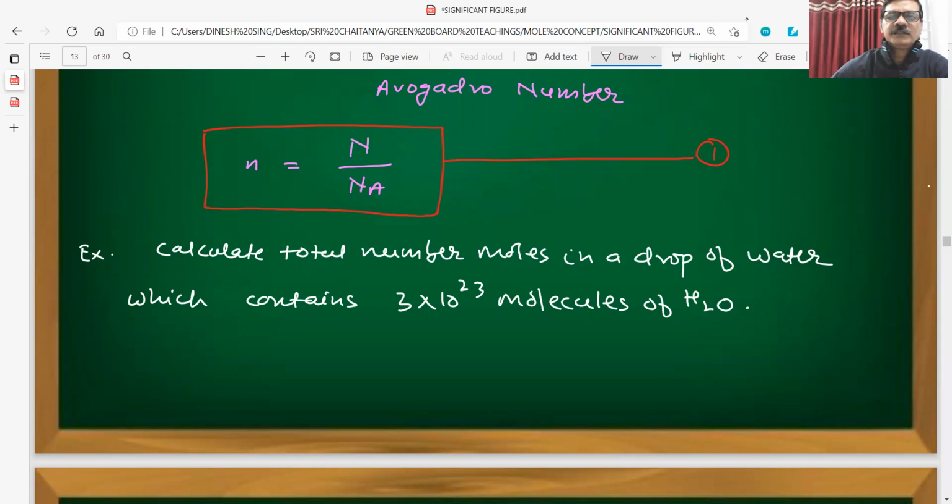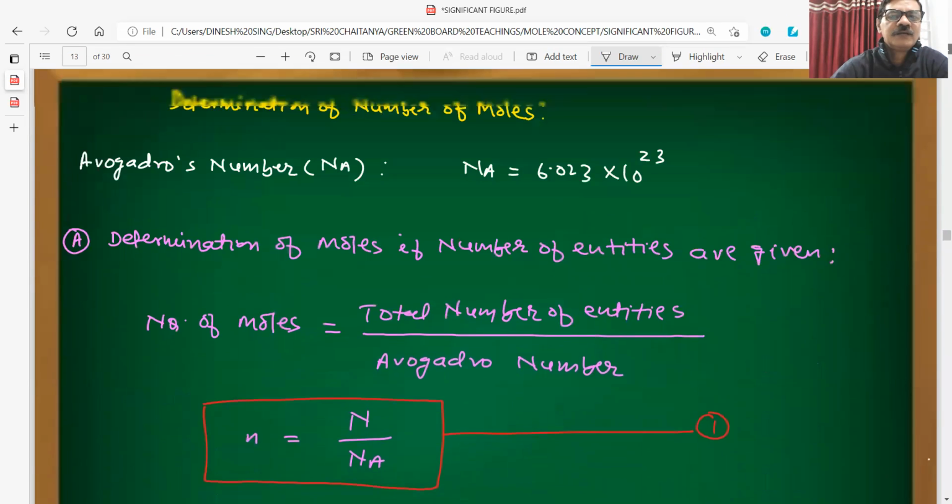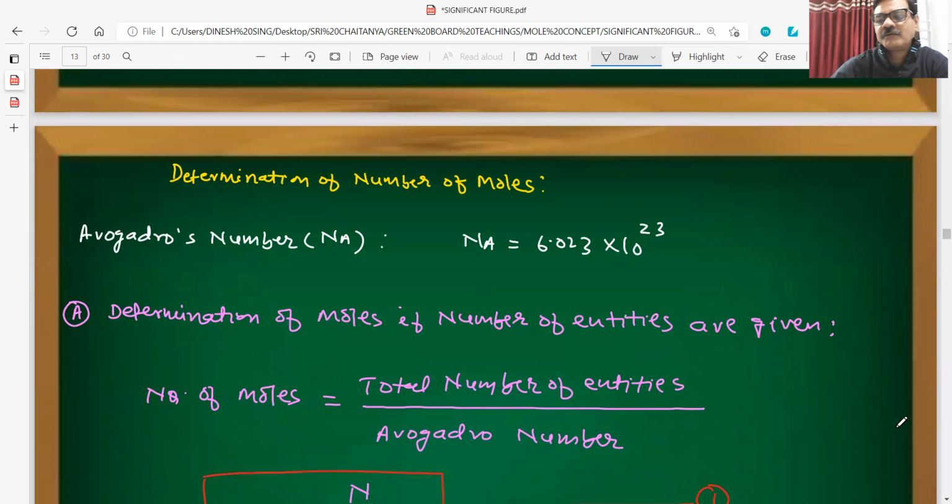So this is the question. 3 into 10 power 23 molecules means this is the number of entities, and from it we can directly apply this formula. Na we already know is a constant quantity, Avogadro number 6 into 10 power 23.